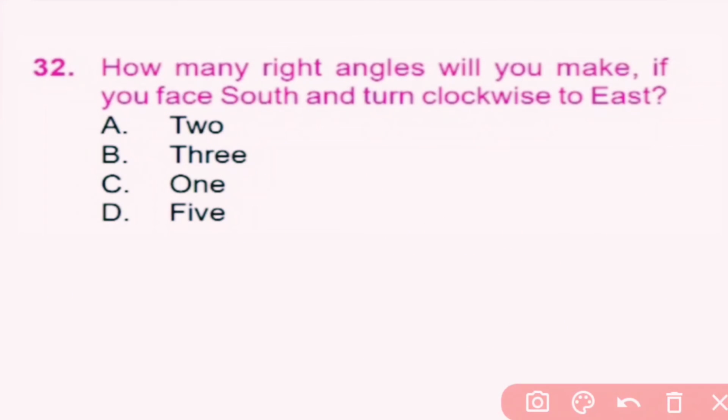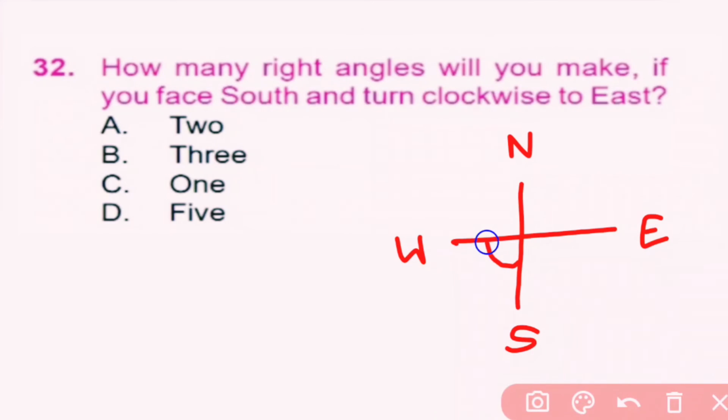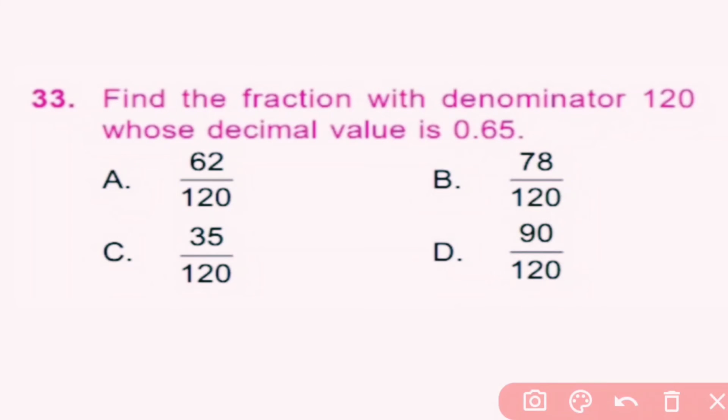Question number 32. How many right angles will you make if you face south and turn clockwise to east? So if you face south and you turn clockwise, in this direction up to east, there will be 3 right angles. This is 1, this is 2 and 3. So B is the correct answer. Question number 33. Find the fraction with denominator 120 whose decimal value is 0.65.